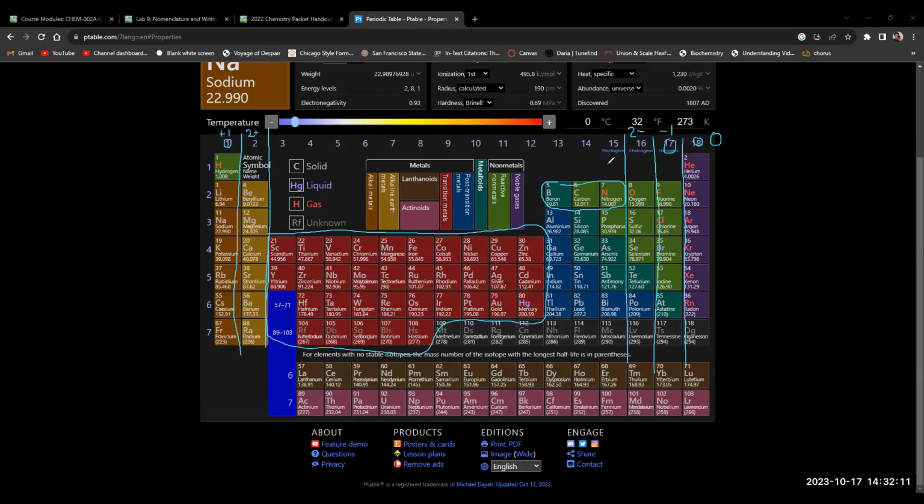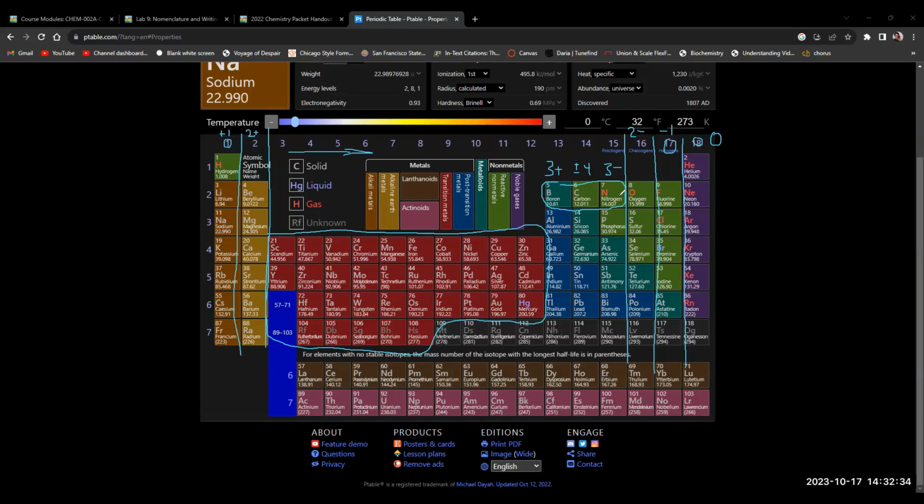Another row over on row 15, we have 3 negative, and if we're coming from the metal side, boron is 3 positive. Carbon is a little tricky because it can be both positive or negative.